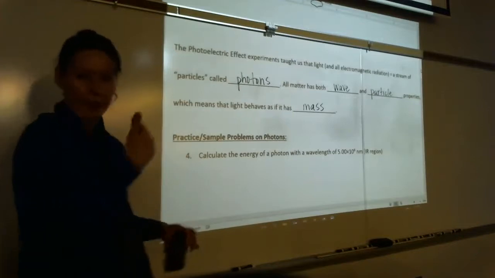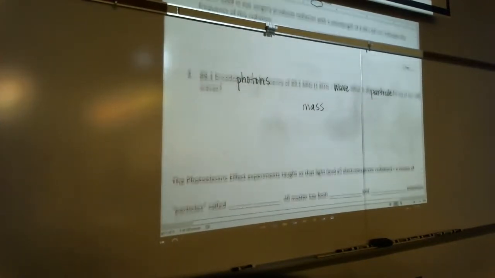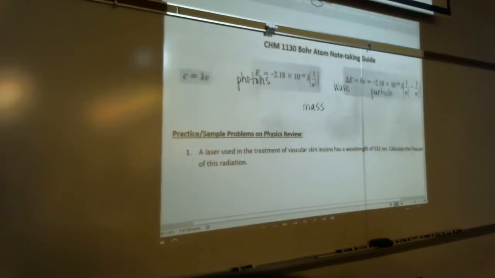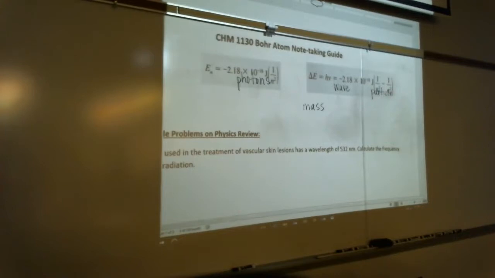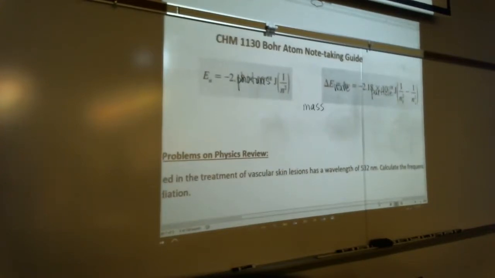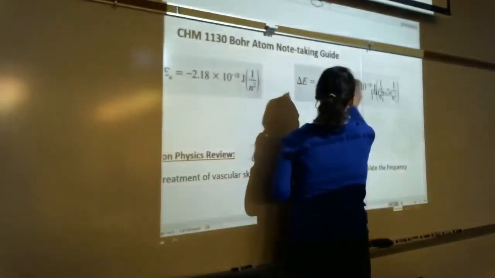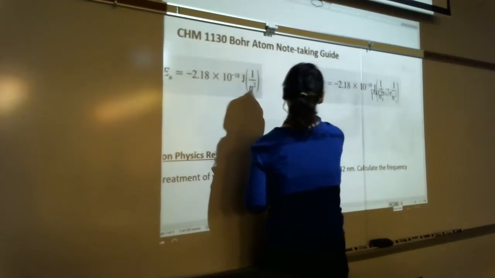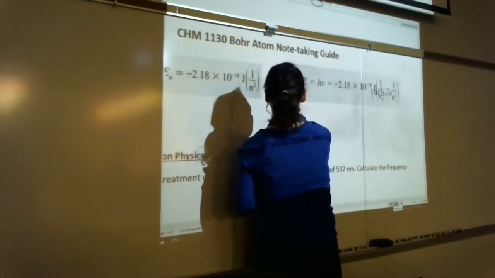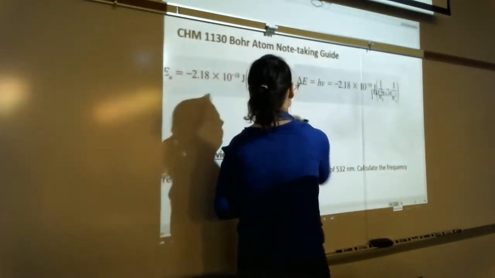All right, I'm going to scroll back up to our equations because we need to define a couple more of our variables. So we're going to scroll over to this one right here. All right, so this is energy, and it's in joules.